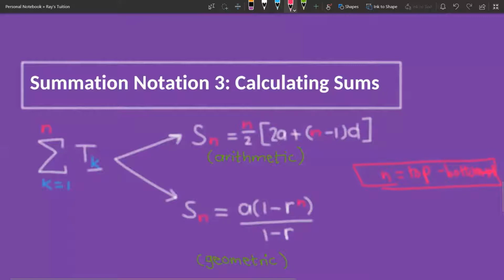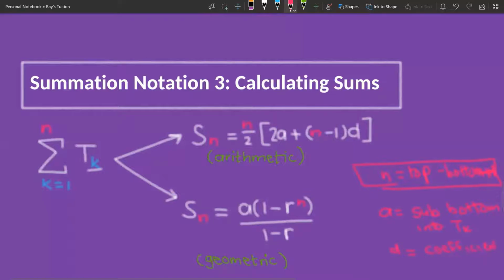We get our A by substituting the bottom index in. So we substitute where we're starting into the T_K formula to find out what our first term is. And to find out what D is, if we have the linear pattern, it's the coefficient of our index.